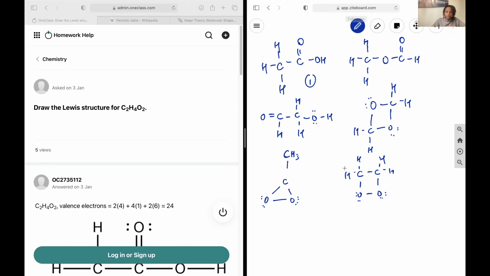So notice in all of these, the carbons have enough hydrogens around them. If they're not connected to an oxygen, all of the oxygens have made 2 bonds. And all of the formal charges have been minimized, and you can actually count out the electrons, and they all represent 24 electrons. So all of these are valid answers to this question.